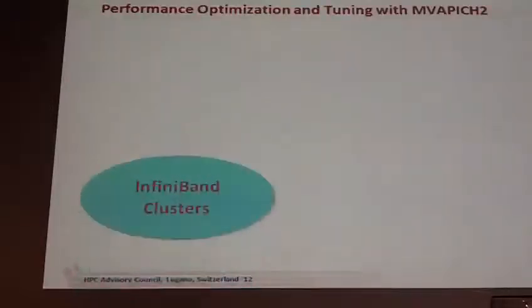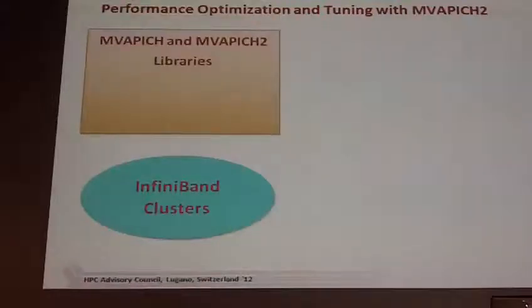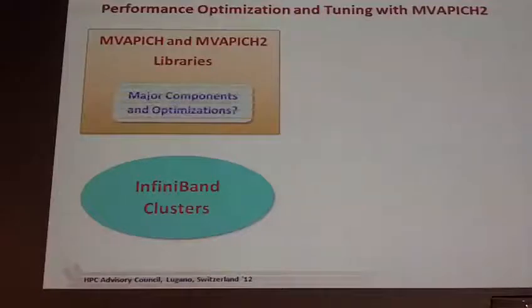So in the remaining part of the talk, as I mentioned, keep the car example in mind again. Within the MPI library, I want to go into some of the major components and discuss what these components are and how they interact with the underlying system, in this case InfiniBand, and especially with multi-core platforms like NUMA platforms.